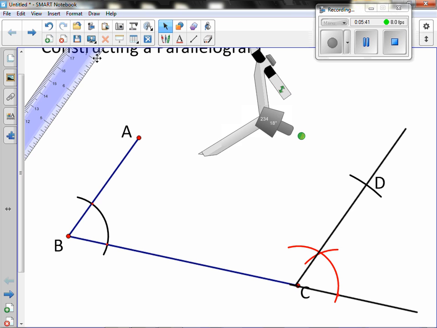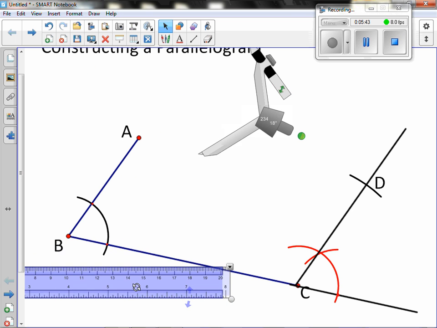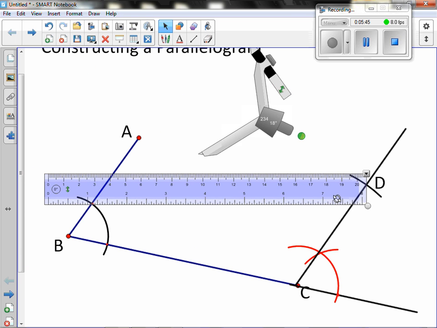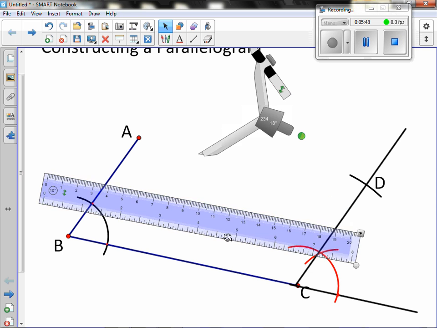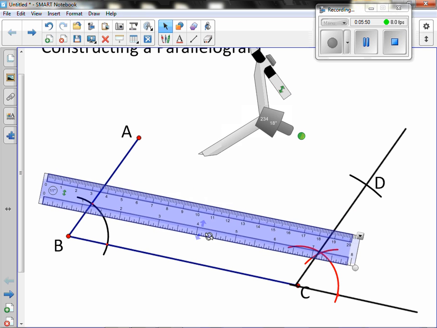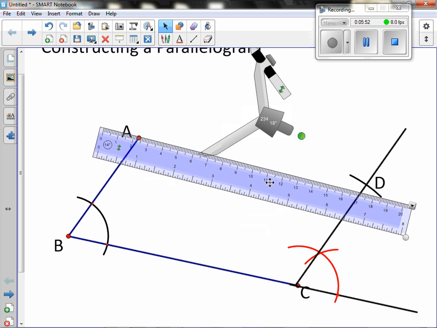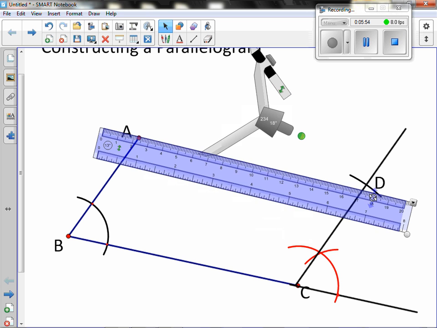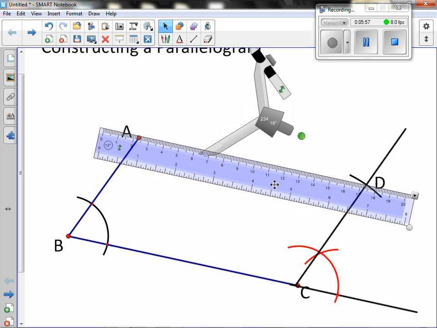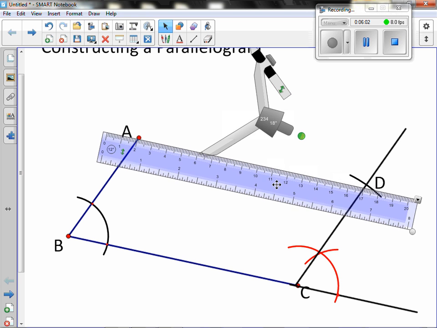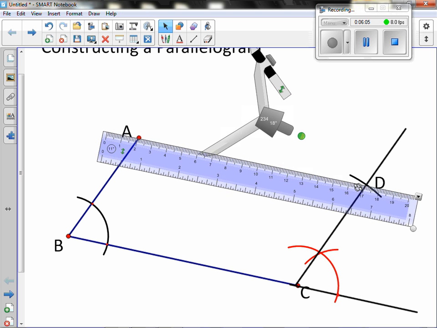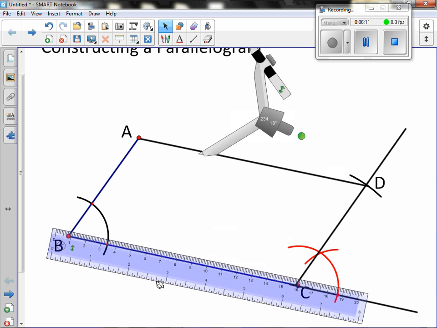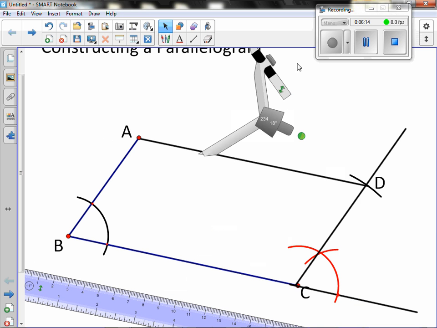And if I take my ruler, my straight edge, and connect point A to point D, I have made myself a parallelogram. There is parallelogram ABCD.